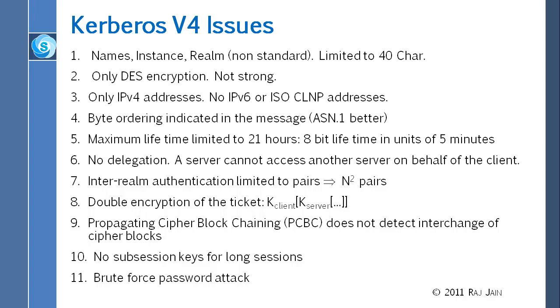Any guesses what that might mean? So ISO, we already know, is the International Standards Organization. CLNP is the Connectionless Network Protocol. So ISO also developed all these protocols. Then there were layer 3, layer 4, and layer 5 is the application layer.